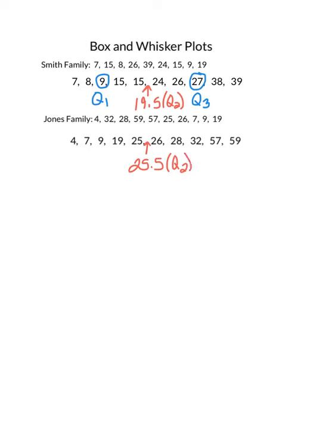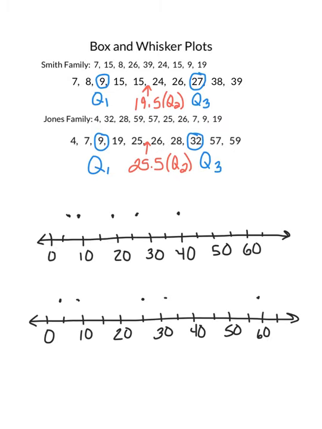Then we have the 5 numbers, the lower set of numbers. The median here would be 9. It's between these. This is quarter 1. And the median from 26 to 59 is 32. Quarter 3. Now that I have this information, I'm going to draw number lines.